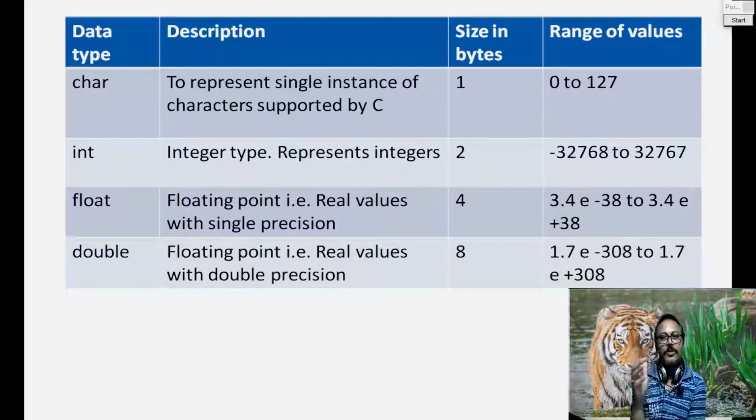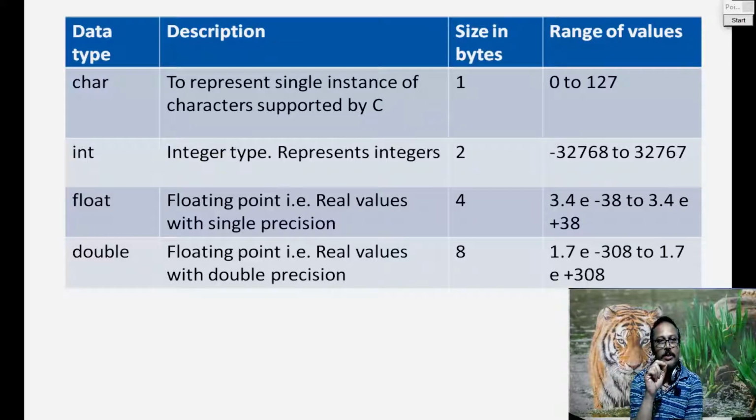That table is called the extended ASCII set. We are not going into those details now. Just remember, char represents a single character, like A, B, C, D, or it can be the digits 0 to 9 also.